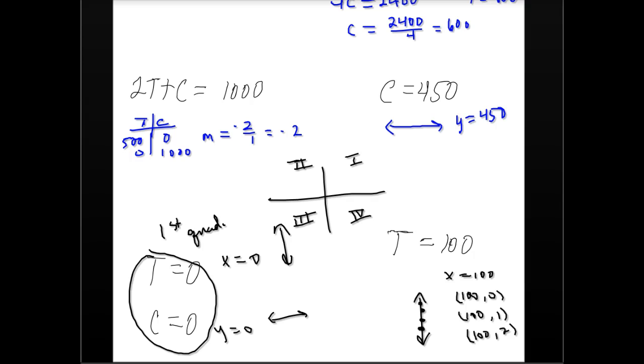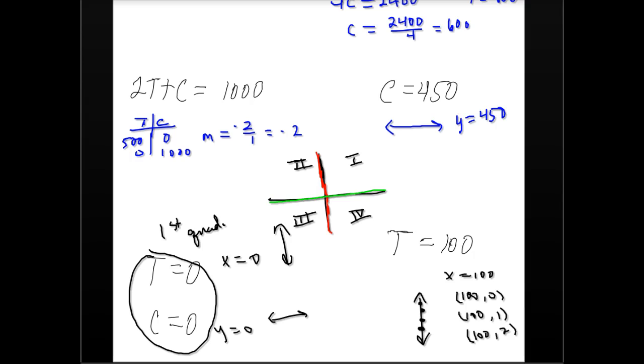The t equals 0 will keep us this way. Remember, t is acting like the x, so it will keep us here. And the c equals 0, that's acting like y equals 0, which is horizontal, it's keeping us there.